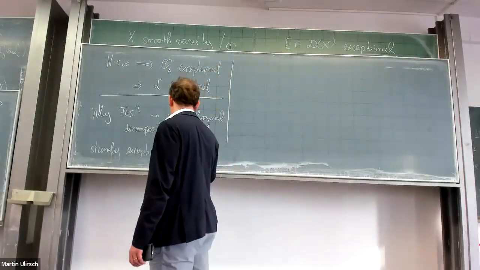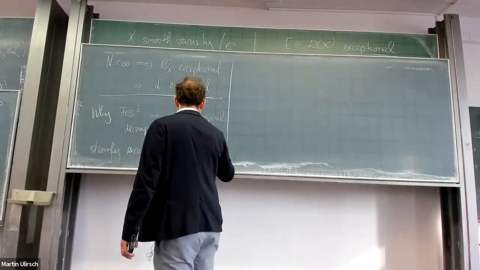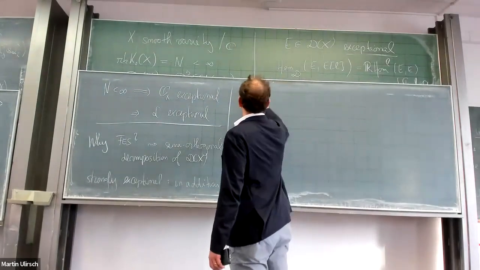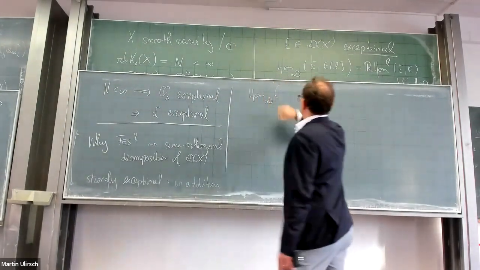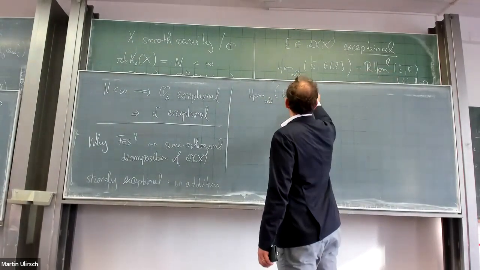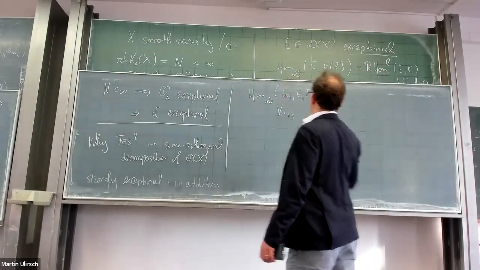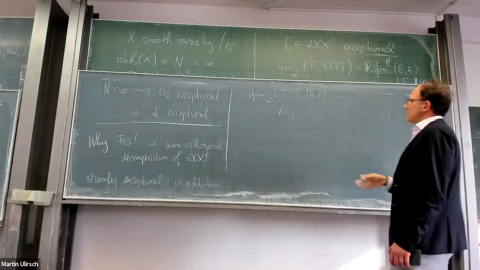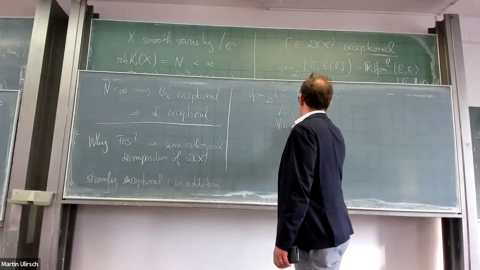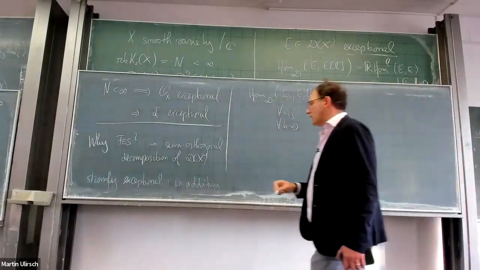So if in addition, Ext^k(A_j, A_i) is 0, and this time for all i, j, so it doesn't require the order anymore, and for all k bigger than 0, then I call that a strongly exceptional sequence.